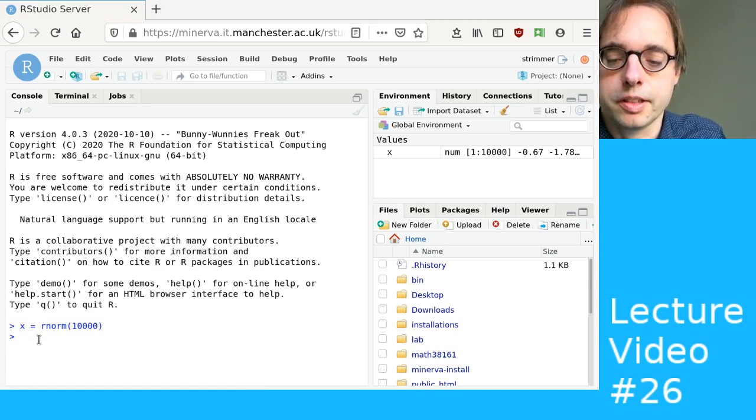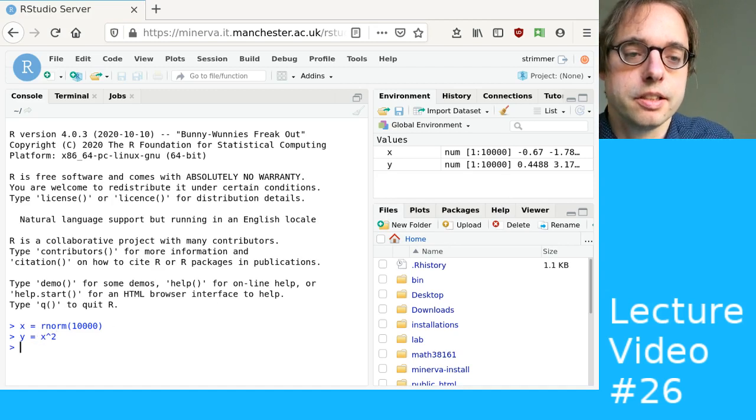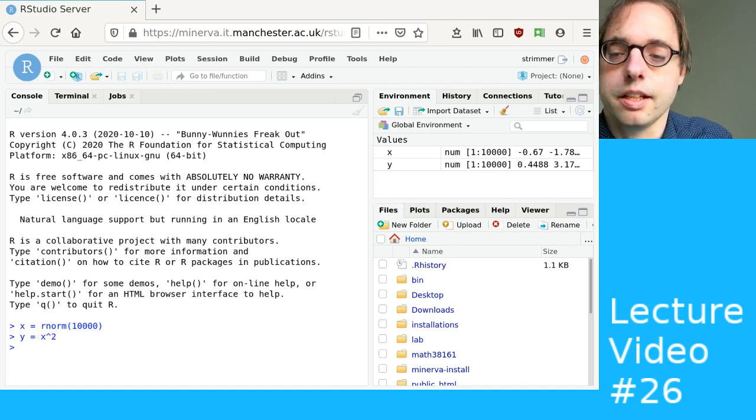And now we transform these numbers. So we compute the square of the x to give our parabola. So we have a quadratic relationship, and that's a 100% perfectly well-known relationship.